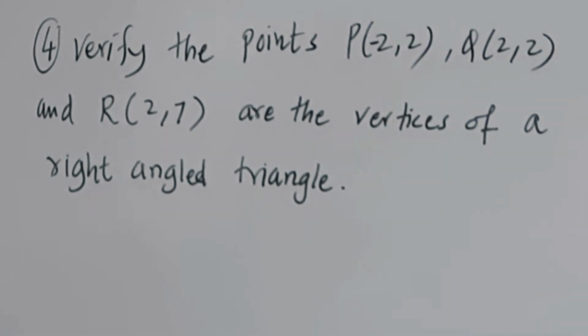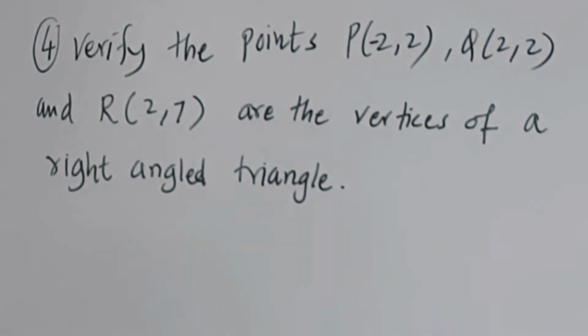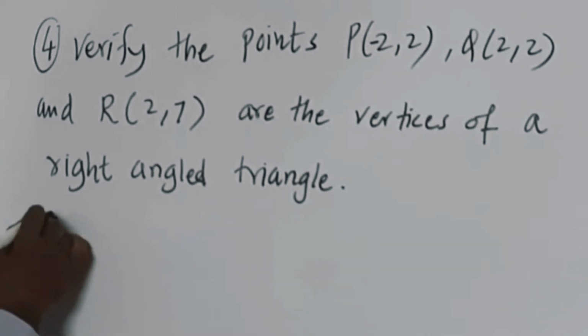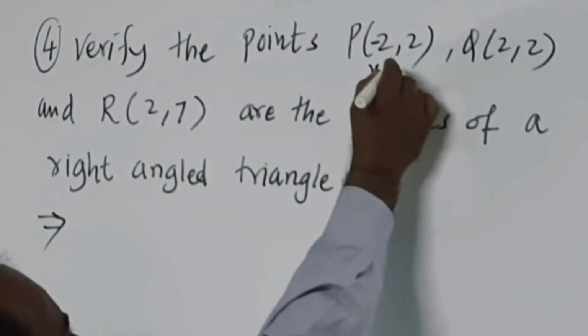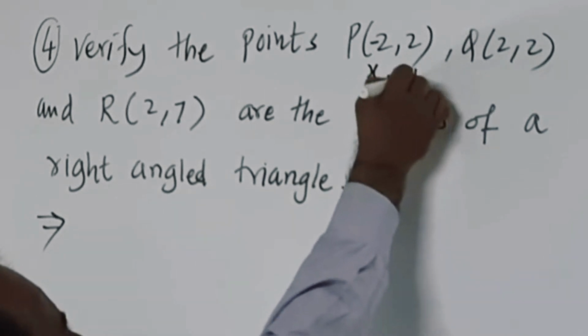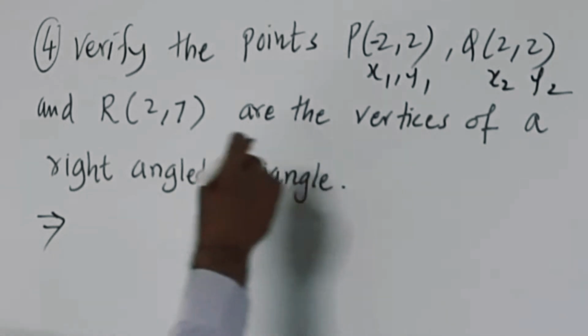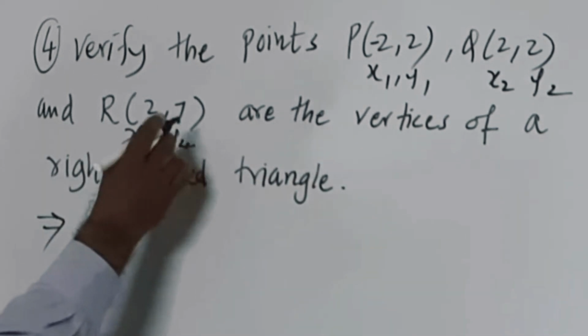Fourth example: verify that the points P(minus 2, 2), Q(2, 2) and R(2, 7) are the vertices of a right angle triangle. Let us assume P(minus 2, 2) to be (x1, y1), Q be (x2, y2) and R be (x3, y3).